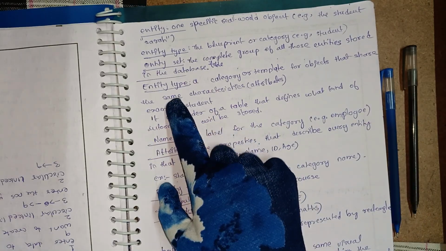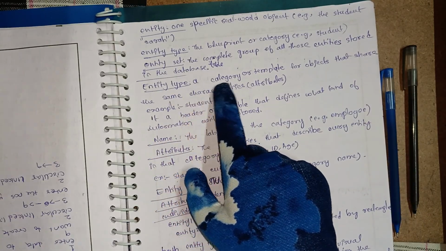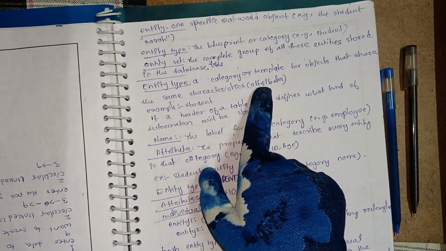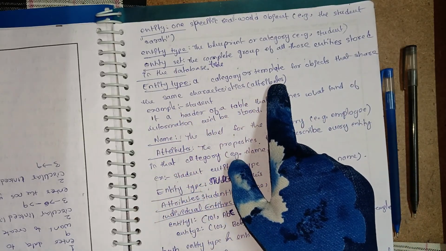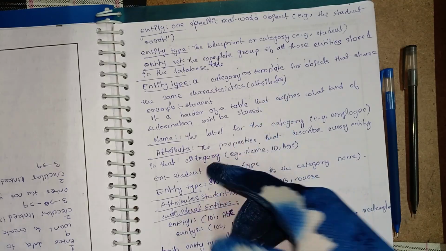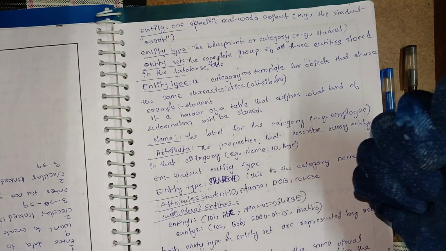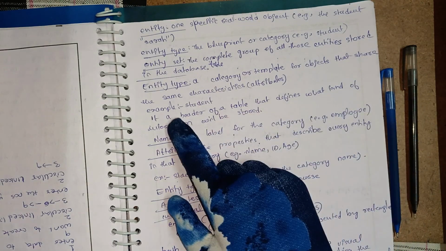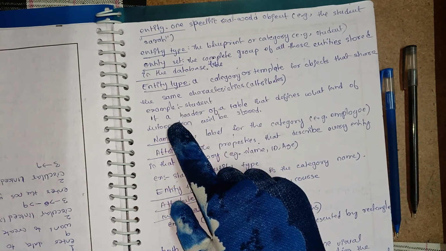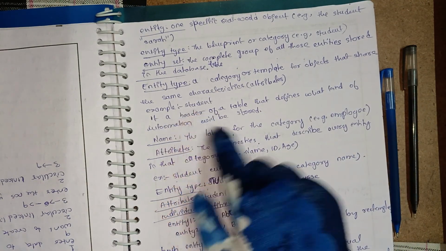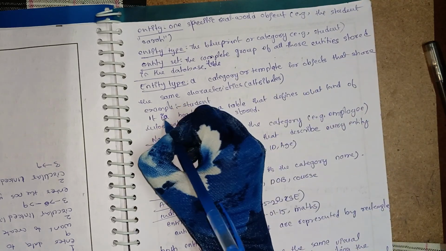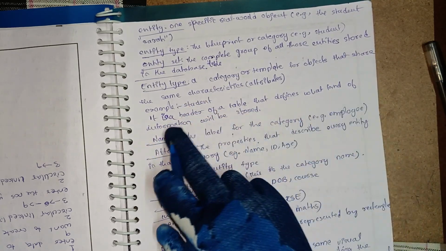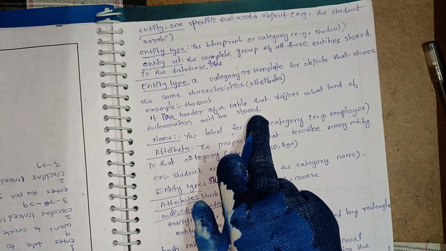Then what is entity type? Entity type means a category or template for objects that share the same characteristics, or attributes, or columns. Okay. Category for the objects that share the same characteristics. Example, student. It is the header of a table that defines what kind of information will be stored.